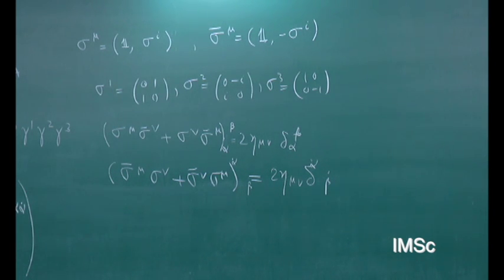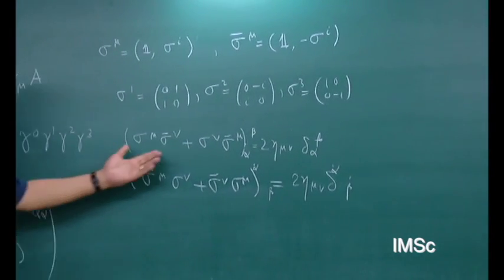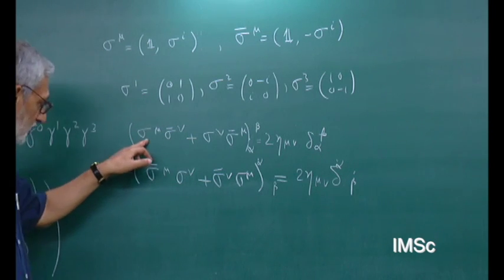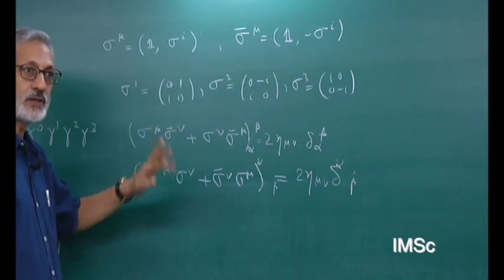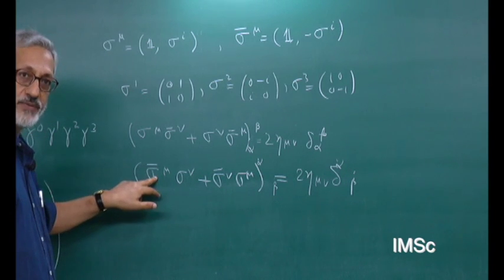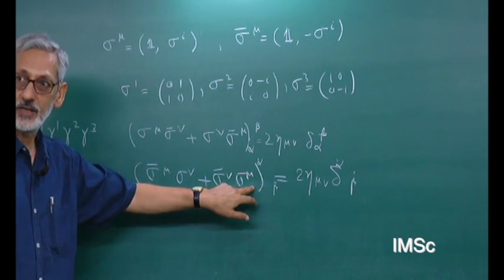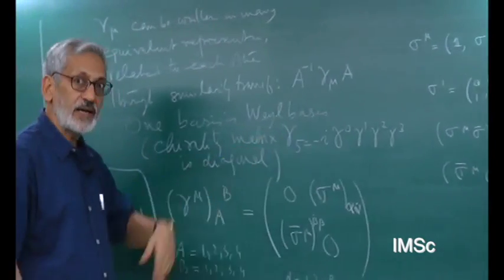So, this algebra of Dirac gamma matrices breaks into 2 sets. The first one has an unbarred sigma, barred sigma, with mu nu interchanged. Second one has barred first, unbarred second. And like we said, in this basis the chirality matrix gamma 5 is diagonal.